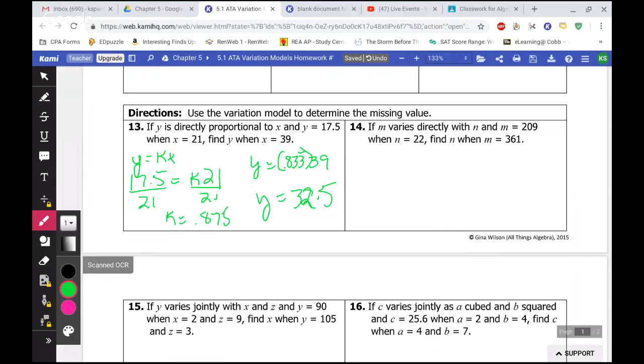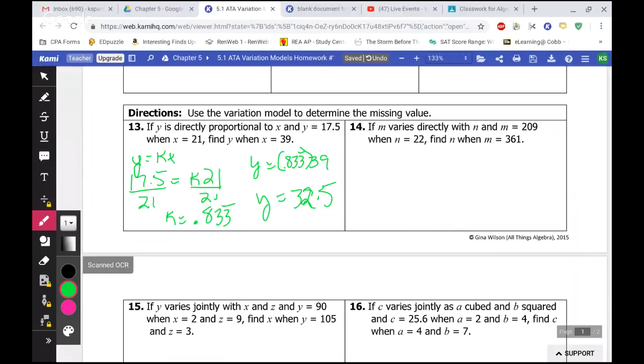Wait, is k equal 8.833 or 8.875? It's 833. I must have had something in my calculator from the last time, because when I divided it again to double check my work, I got 0.83333. Either that or I just typed something incorrectly.